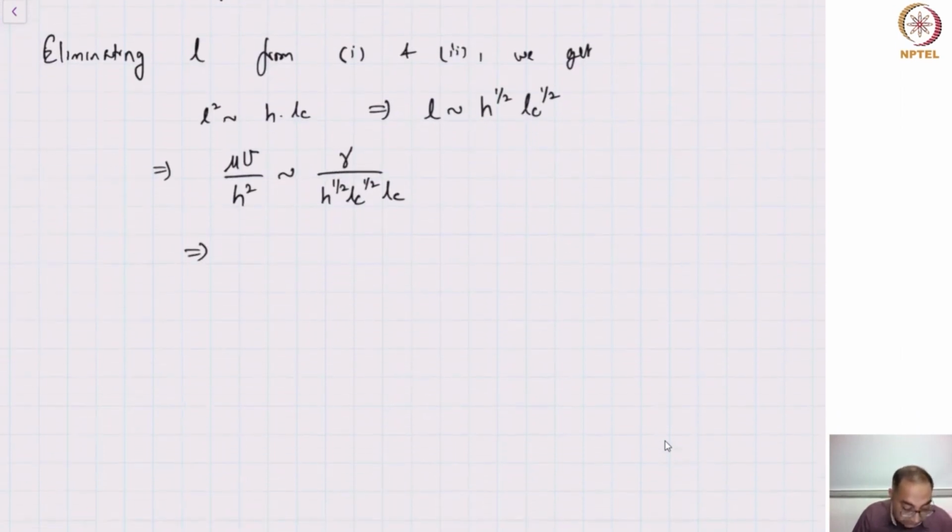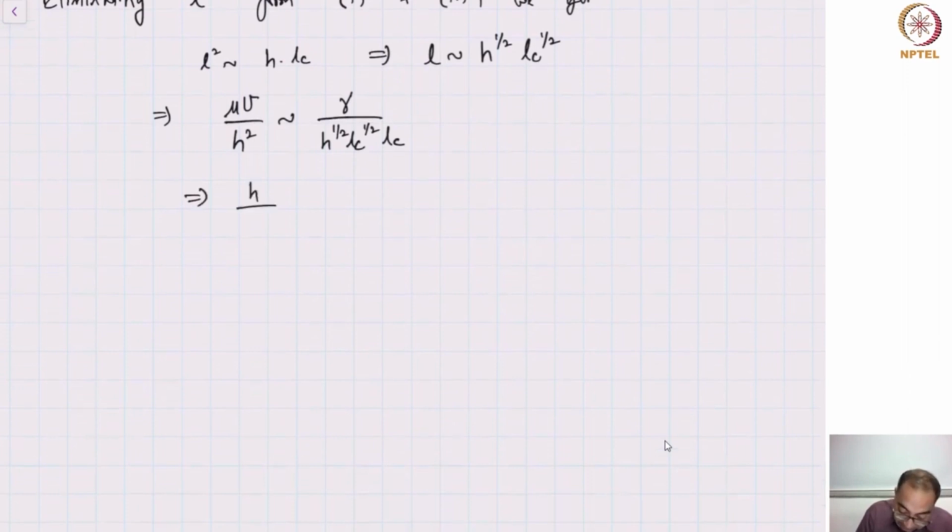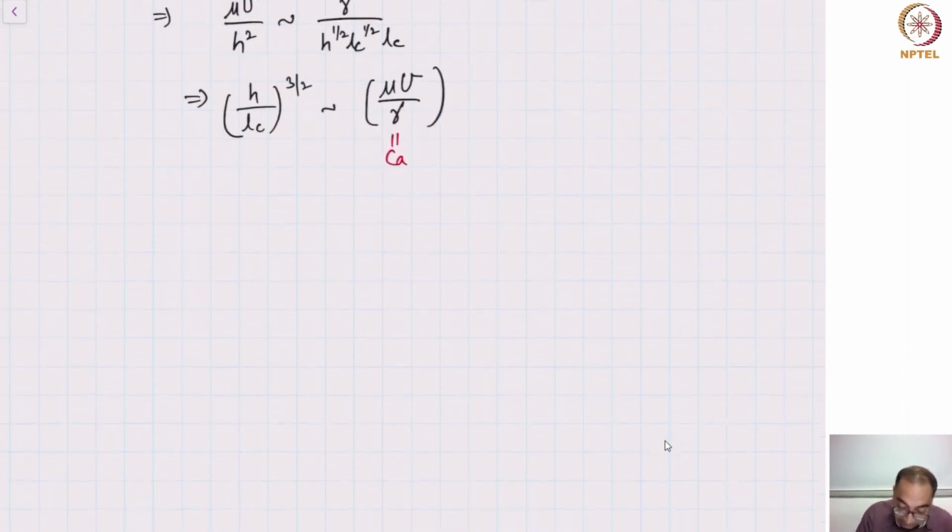And this gives me the relationship H by LC per 3 by 2 goes like mu U by gamma. You can recognize that this is the capillary number, and we get the well-known classical result H by LC goes like capillary power 2 by 3.